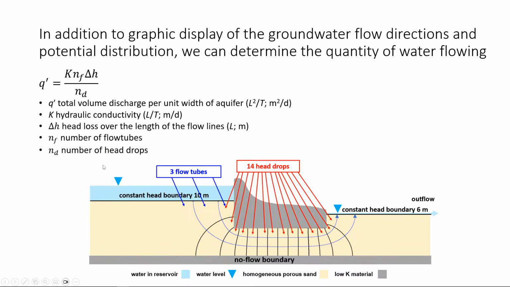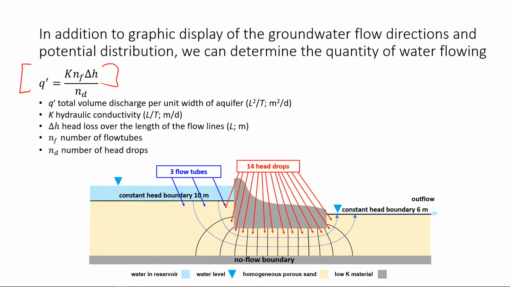Another thing you saw in this video is what Eliane Poiter did: she also calculated Q, the total volume of discharge per unit width, for example, or big Q, or Q prime. How do you do this?